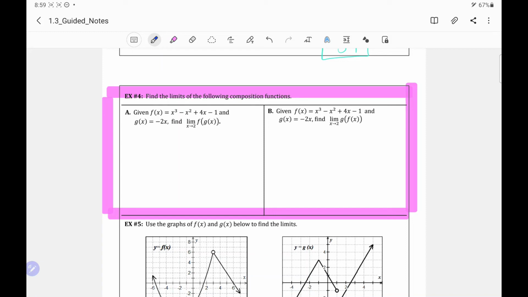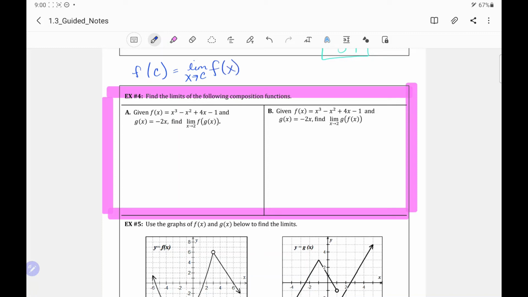What we can actually do is just substitute. What's important is that, looking at a and b, both of the functions f of x and g of x are continuous functions. And for a continuous function, we can say that f of c equals the limit as x goes to c of f of x.